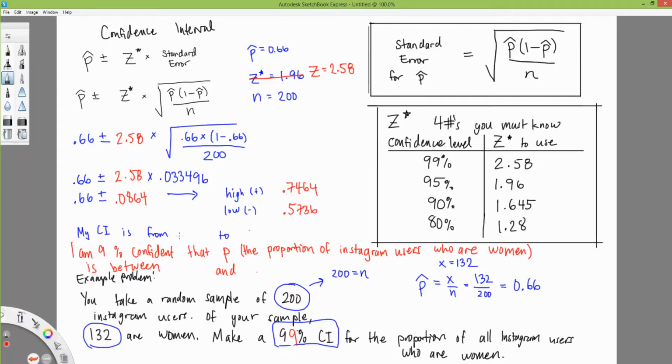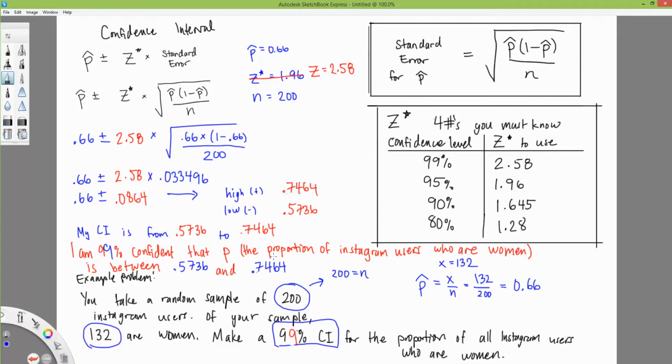So my confidence interval is from 0.5736 to 0.7464. Everything else is the same, right? I'm now 99% confident that p, the proportion of Instagram users who are women, is between 0.5736 and 0.7464. So we are now more confident.